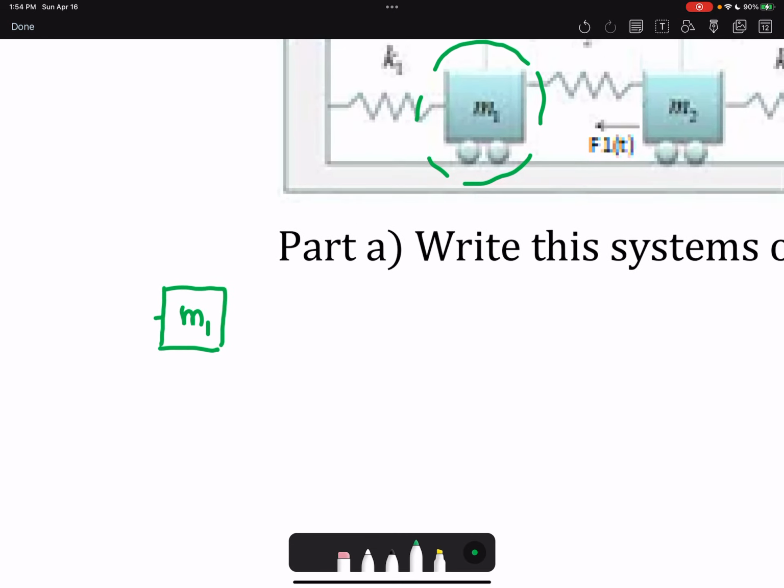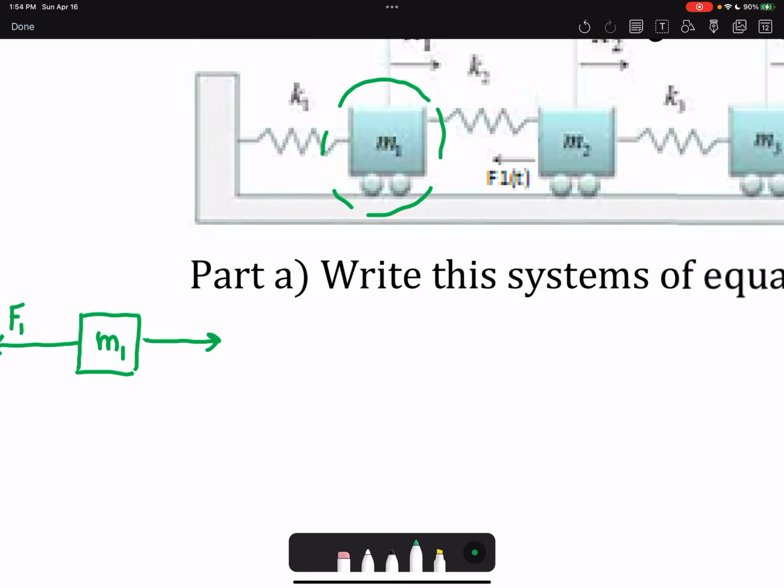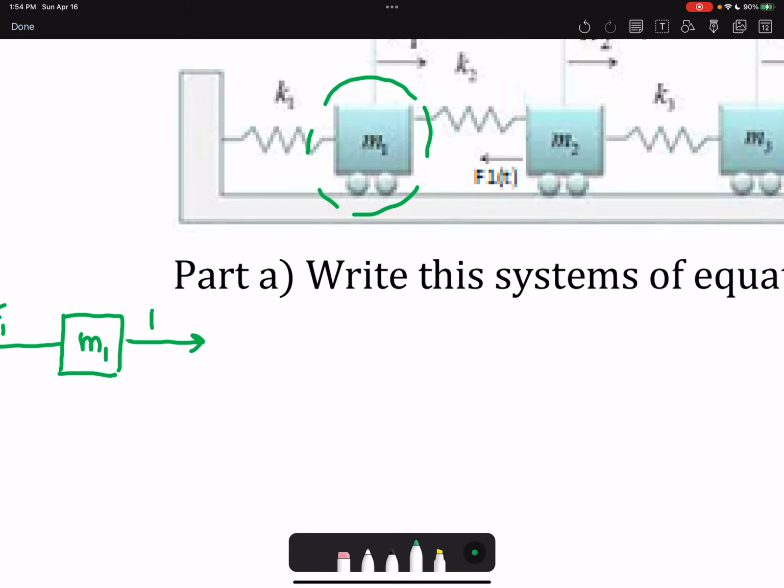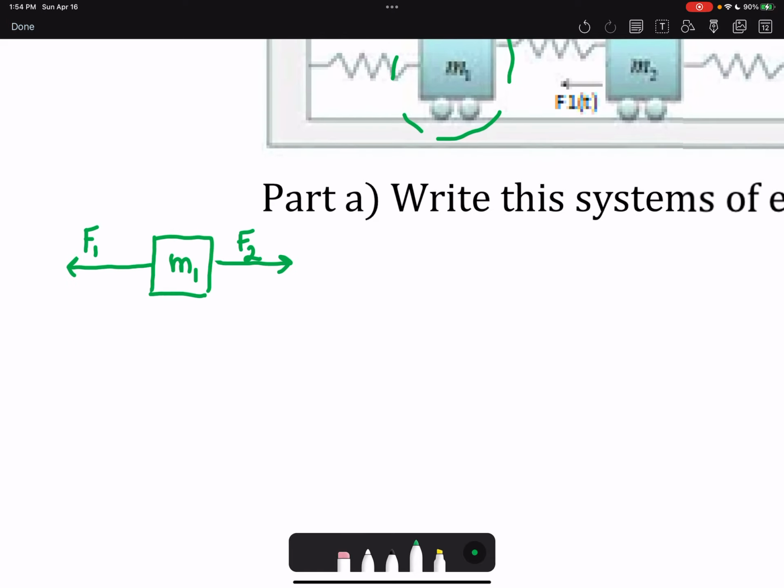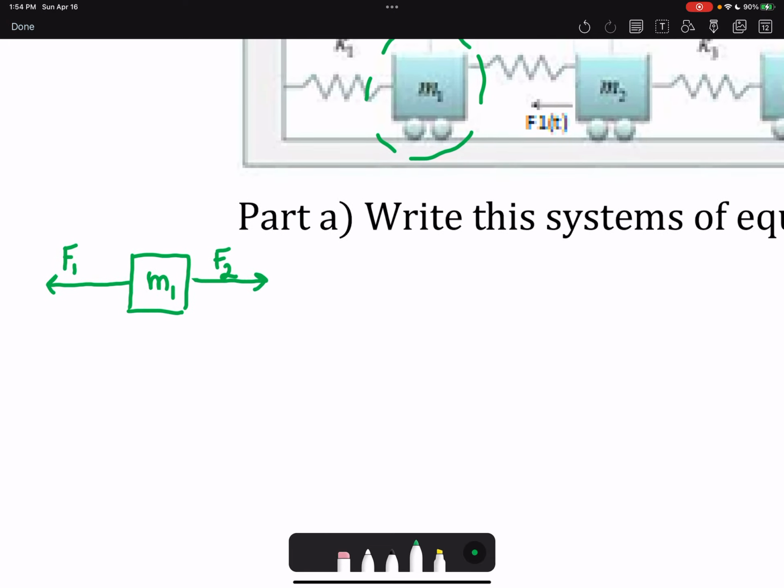Well, I have that K1 that's pulling me back, and then I have that K2 that's pulling me forward. Because if this is displaced from equilibrium, this is pulling it to the right, and this spring is trying to bring it back. So I can write for M1, I can model this as M1 times the double derivative of x sub 1, which is going to be the acceleration.